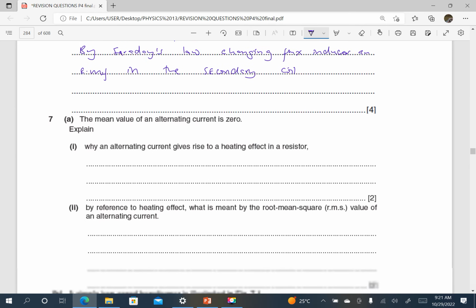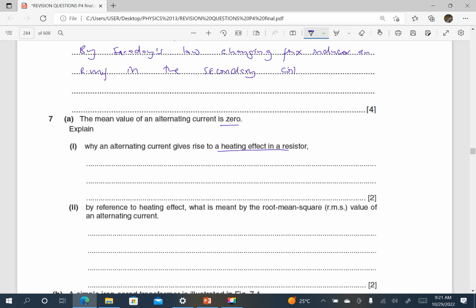Okay. The mean value of alternating current is 0. Explain why alternating current gives rise to a heating effect in a resistor. That is a very simple question.